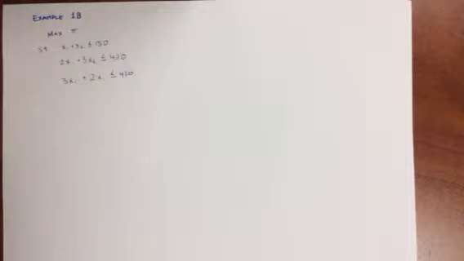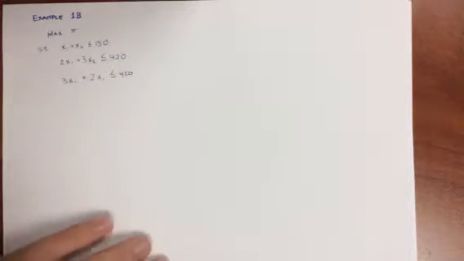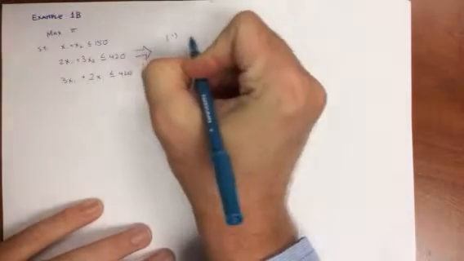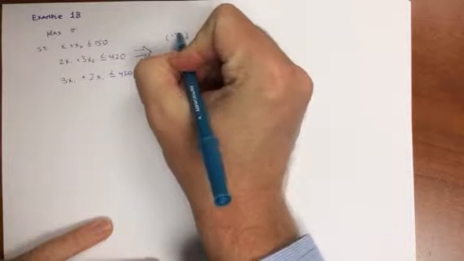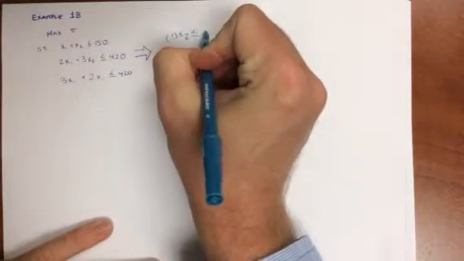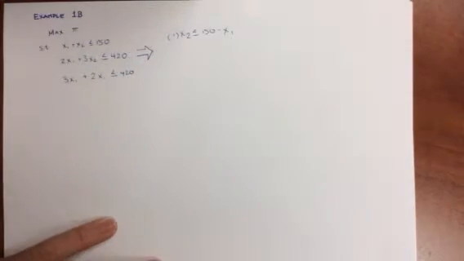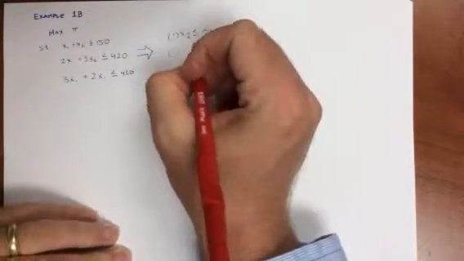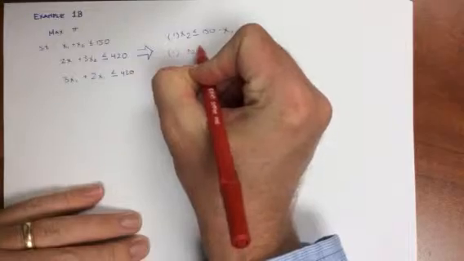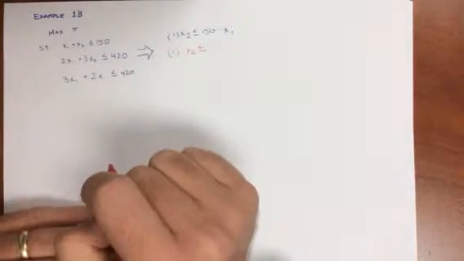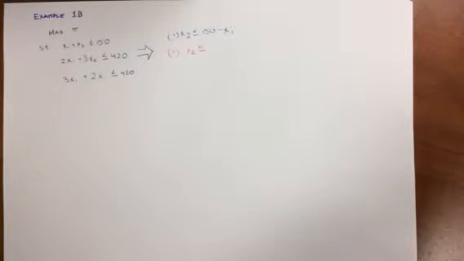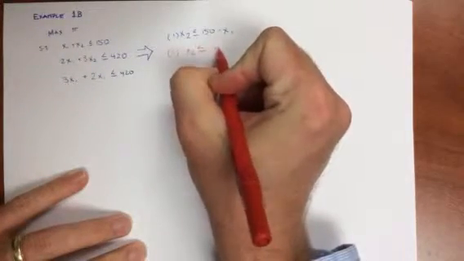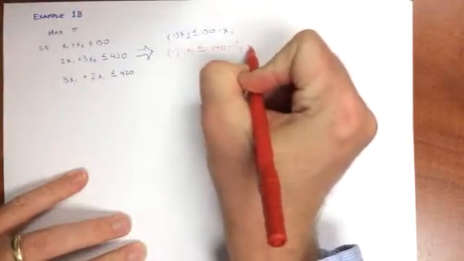All right, so what we want to be able to do is to rewrite these constraints and solve for x2. So I'm going to rewrite all 3 of these. The first constraint, which will be our blue constraint, is x2 is less than or equal to 150 minus x1. Our next constraint, which we'll call our red constraint, is x2 is less than or equal to 420 divided by 3, which is 140 minus 2/3 x1.